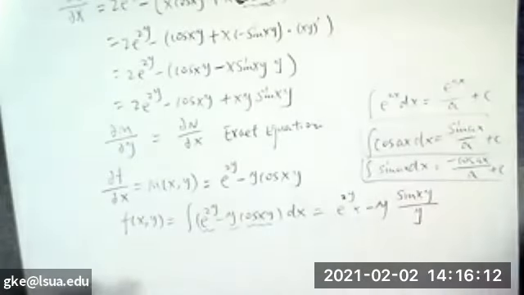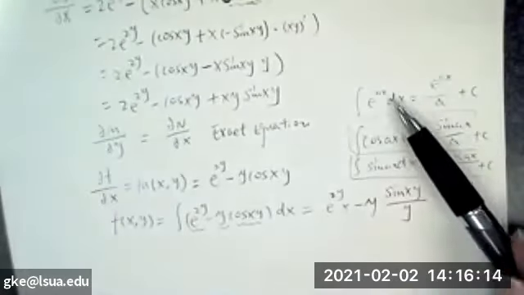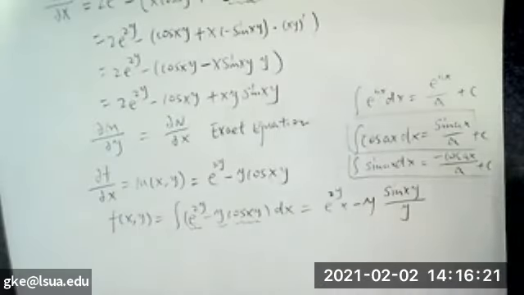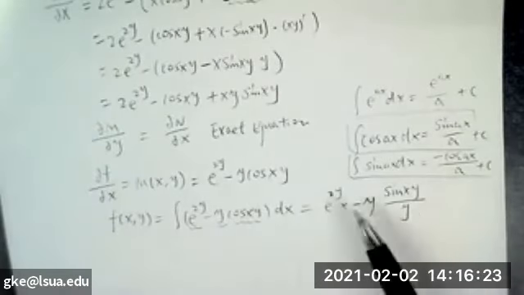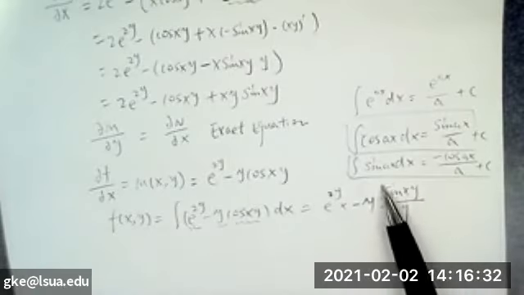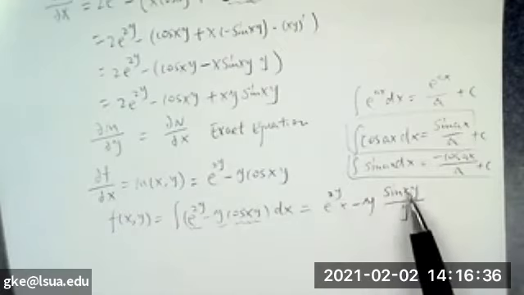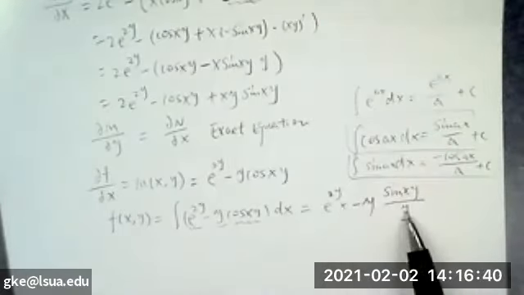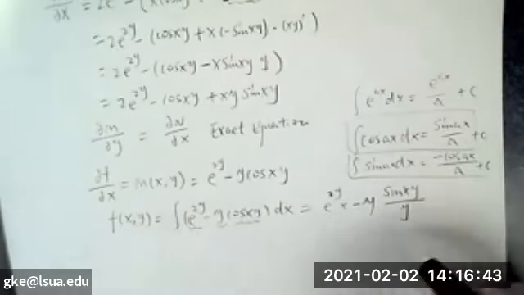Always divide by the constant because we have the coefficient here. So that's the antiderivative or the integral. For this case, y is a coefficient, right? The antiderivative of cos(xy) is going to be sin(xy) divided by y, because the variable is x. Okay, we got this one.